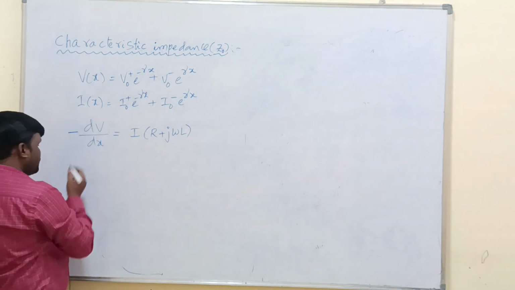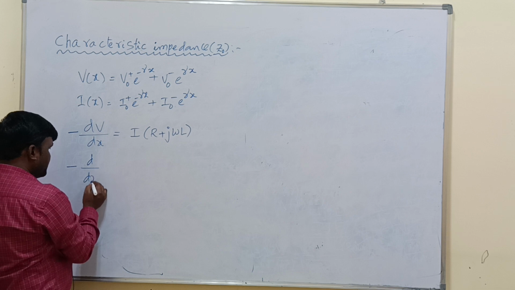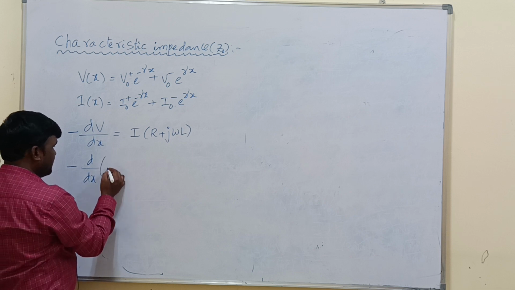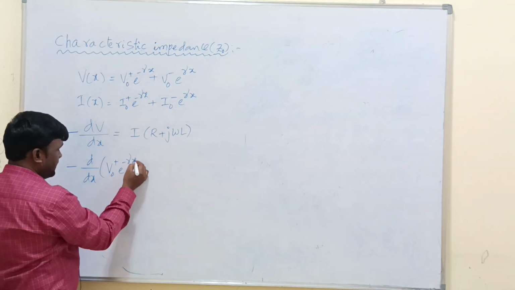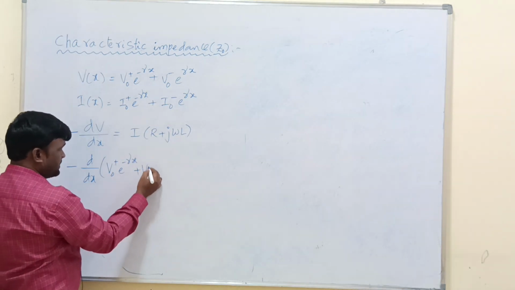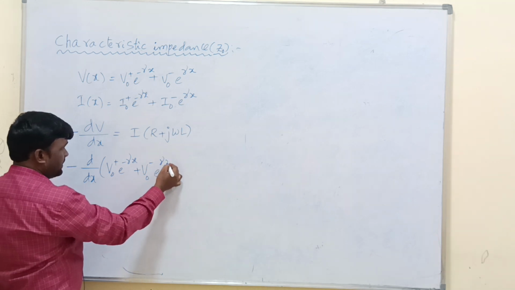Now let us substitute this: d by dx of V naught plus e to the power minus gamma x plus V naught minus e to the power gamma x.